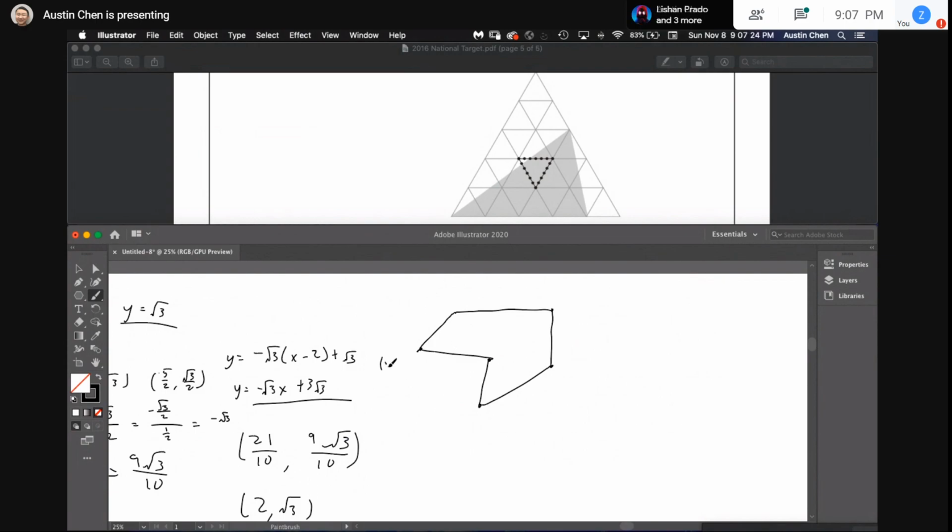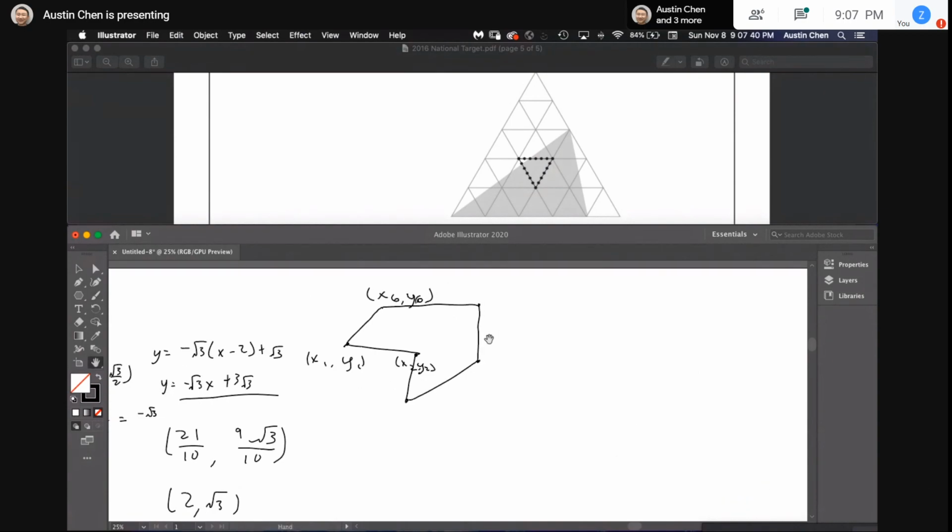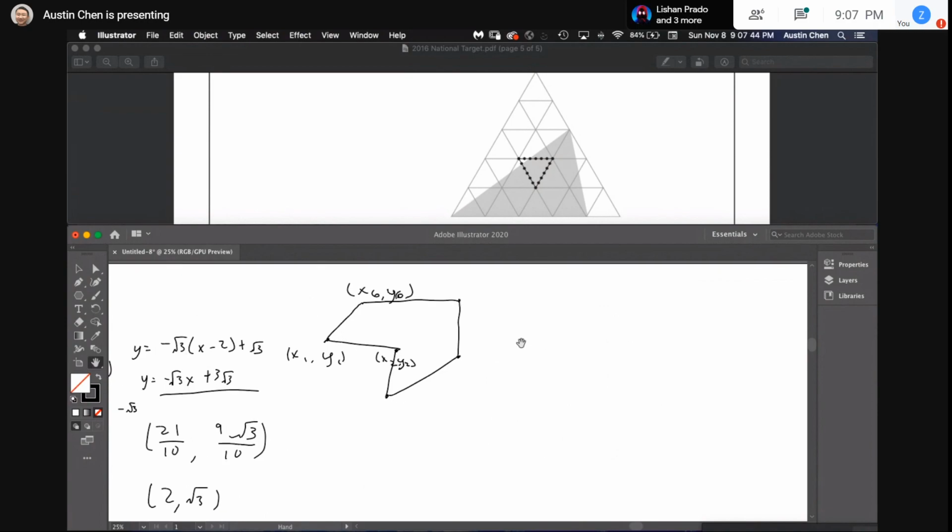So I can just have this as x1, y1, x2, y2, and then just have that for all the points. So how many points do you have here? 6, right? So this will be x6, y6. Okay, and then it is the most coord-bashy formula in geometry. Yeah.